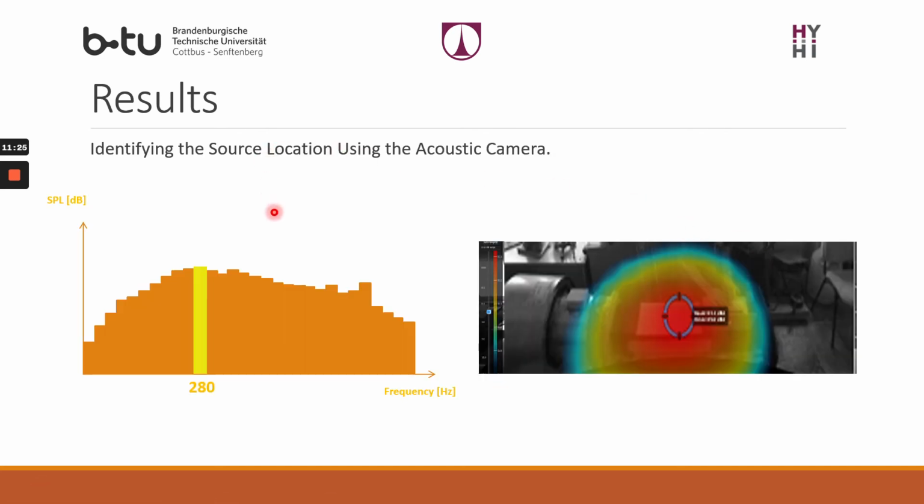Here I would like to present the results that were obtained from the acoustic camera. As we can see here, the acoustic camera has managed to determine the source of, for example, a 280 Hz sound wave to be emergent from the test section, which is the sound wave that we would be interested in.